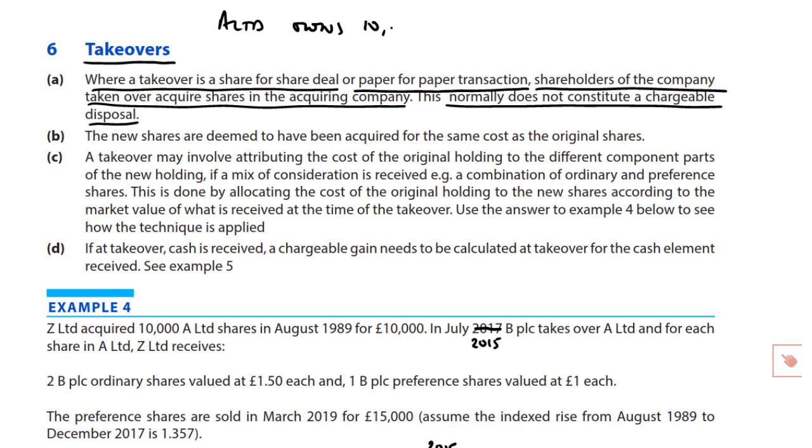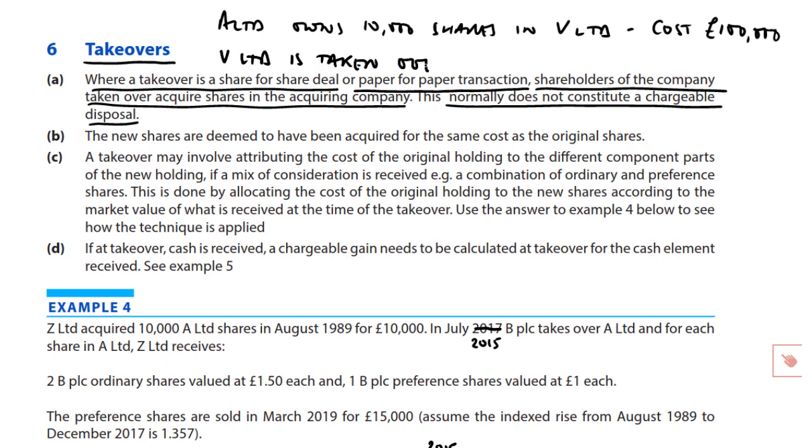A Limited owns 10,000 shares in V Limited. Cost £100,000. We're now told that V Limited is taken over by Villa PLC.